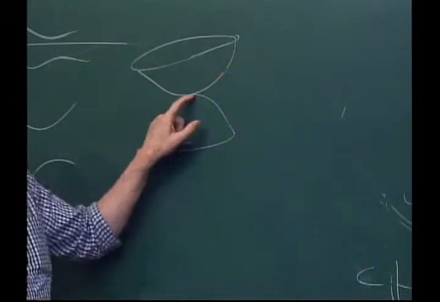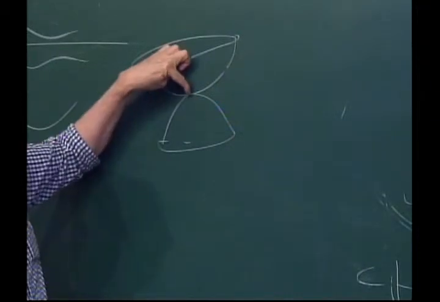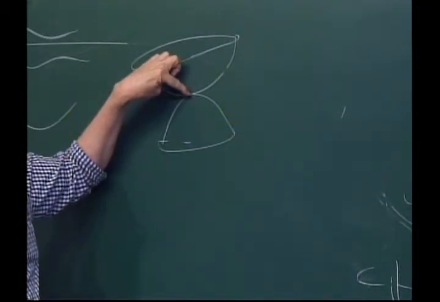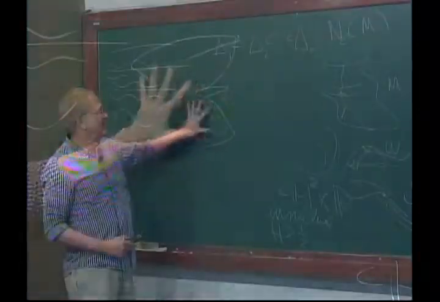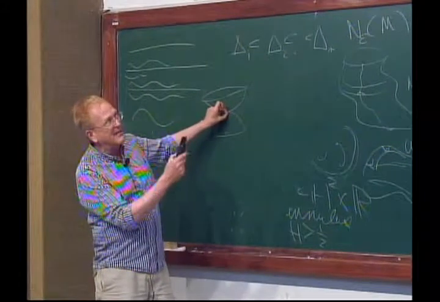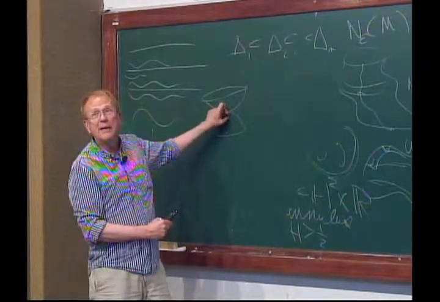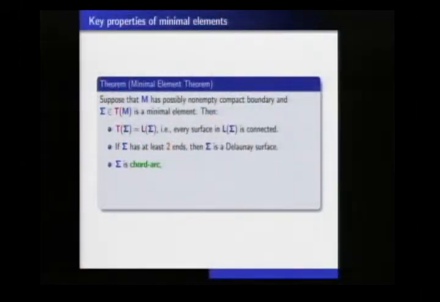So I think of the surface as an abstract surface. If it touches itself like this, there's no way you're going to get chord arc. These points are distance 0 in space from each other, but they're different points on the surface. So I could say it's chord arc as long as I don't have any limits like this, as long as T of sigma is always embedded surfaces.